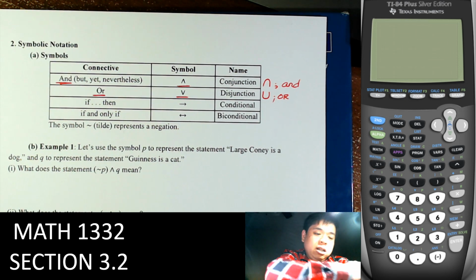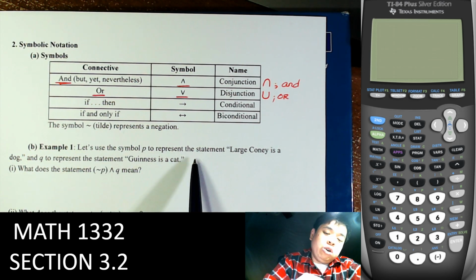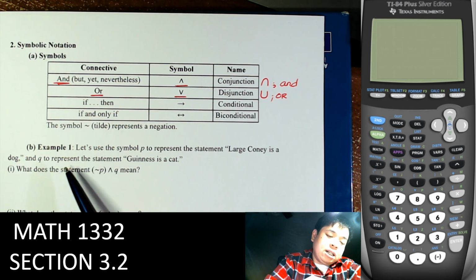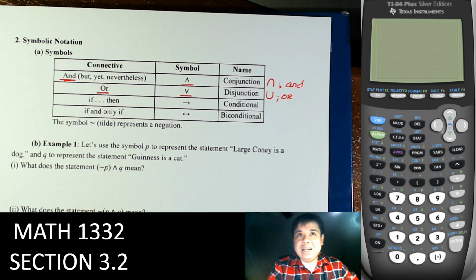Next, let's use the symbol P to represent the statement Large Connie is a dog, and Q to represent Venus is a cat.